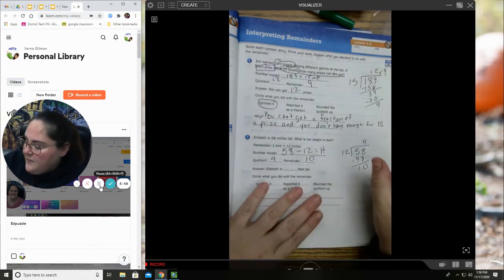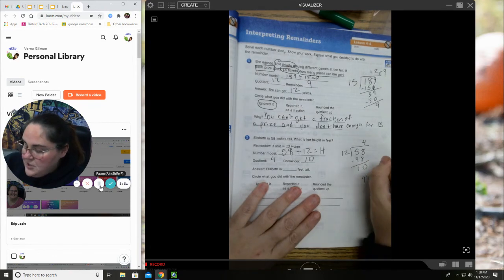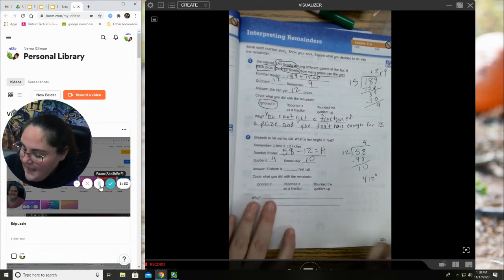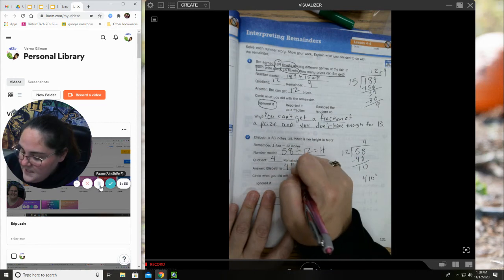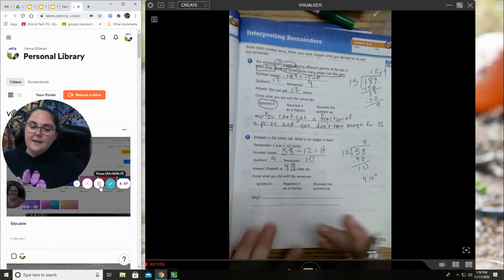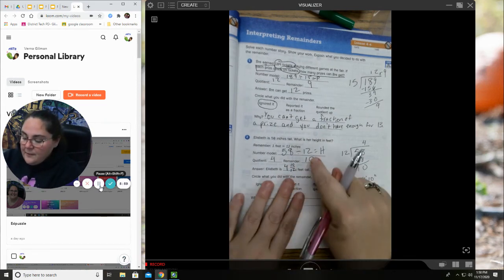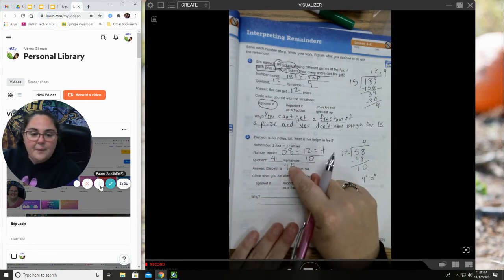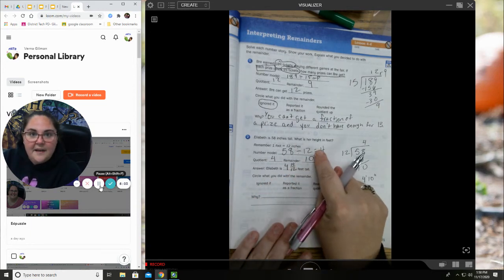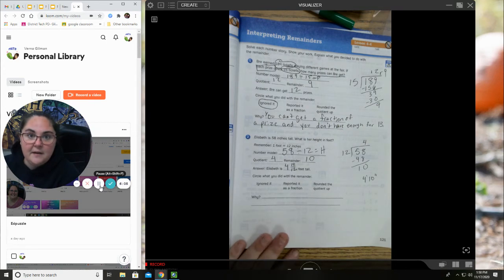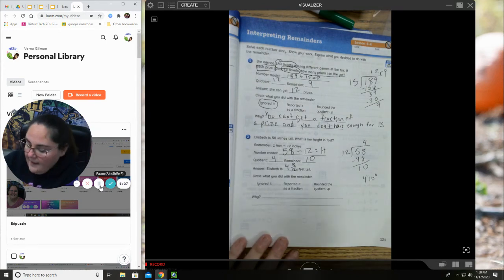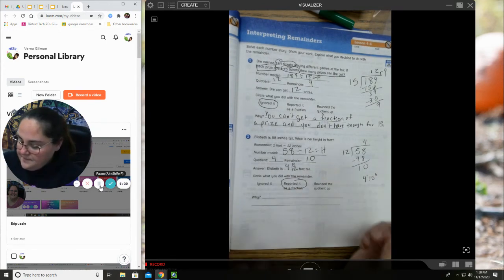Now, normally we would say 4 foot 10 inches. But in this case, it's going to be 4 and 10 over 12. You make it into a fraction. Remember, my remainder goes on top, and what I divided by goes onto my denominator. All right, I reported it as a fraction.